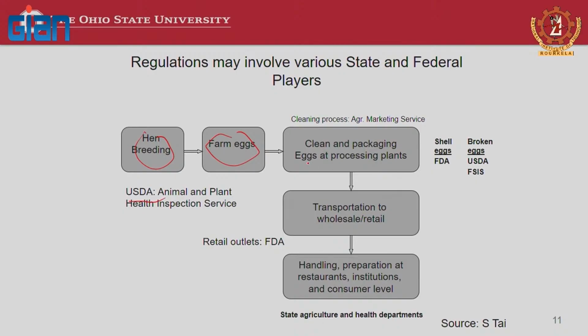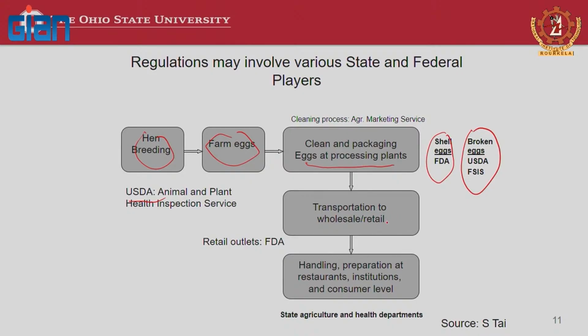Then you are cleaning eggs in the processing plant. If you do it in the shell, it's FDA, whereas if you break it open and process it, then it's USDA FSIS. Again, that's because of the way the regulations are written: if you do it in the shell, it has to be done by FDA, and if you break it open and have the liquid egg, it may be FSIS.